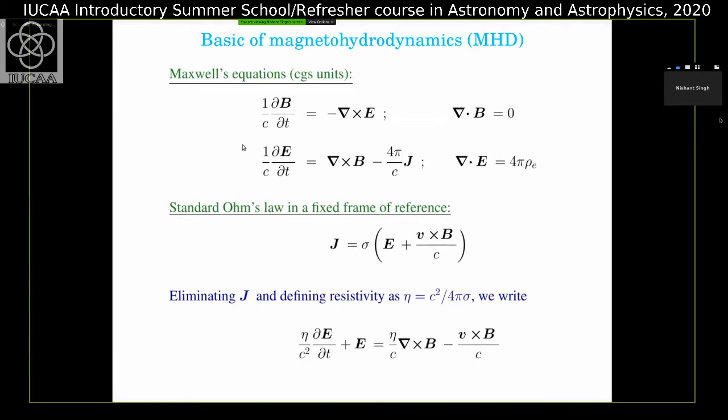There is another term, which is a displacement current term. And we will see what happens to this for astrophysical examples. So you have these equations. I already argued that electric fields, if generated or produced in a plasma rest frame, will simply be shorted out.